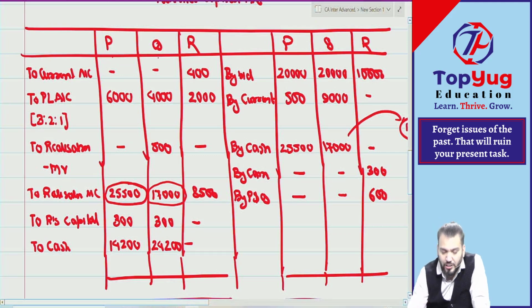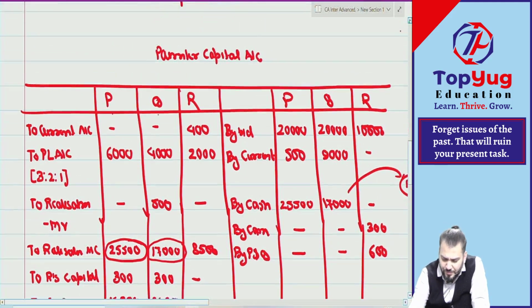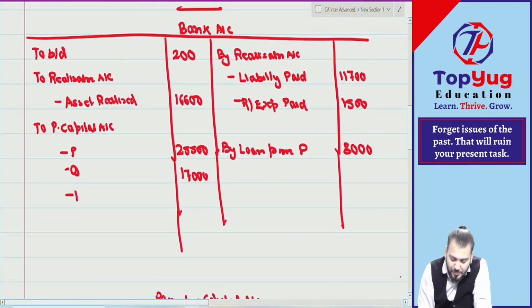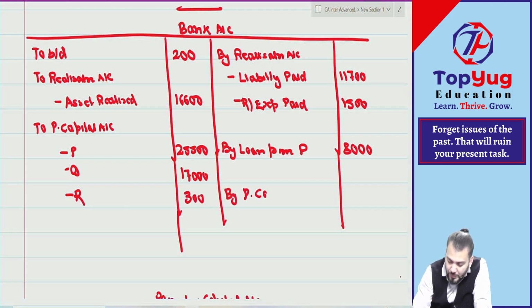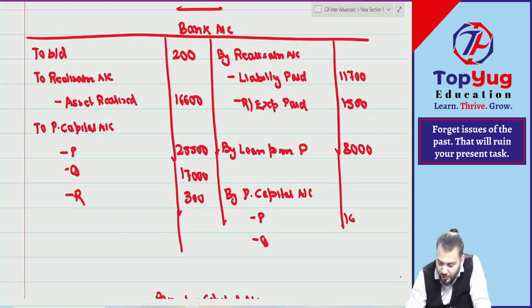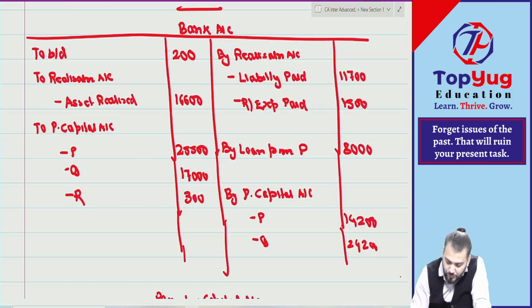Let us post in which account? Cash and bank account. It will tell you how much R is bringing: 300. And then we write by partners' capital account, P and Q. P is how much? 14,000, and Q is 24,000, and it will close.